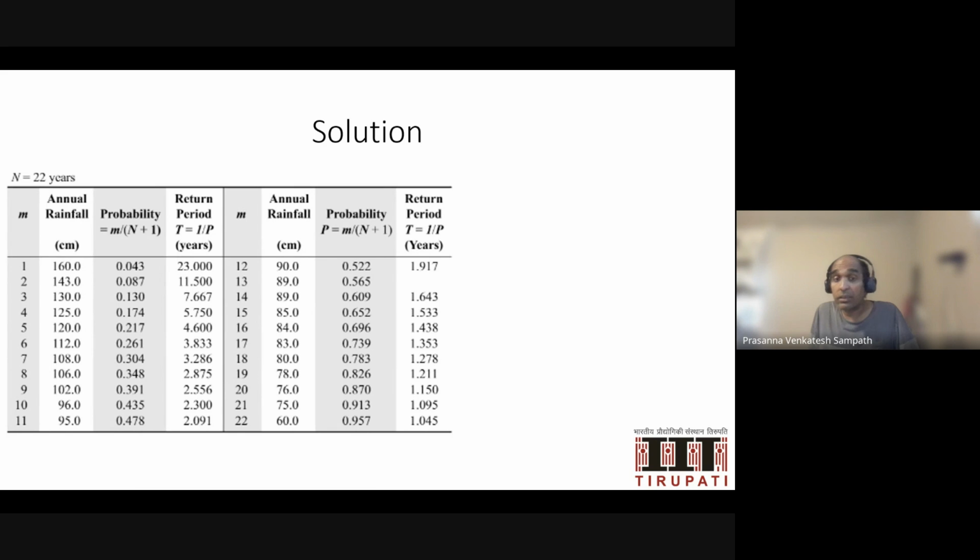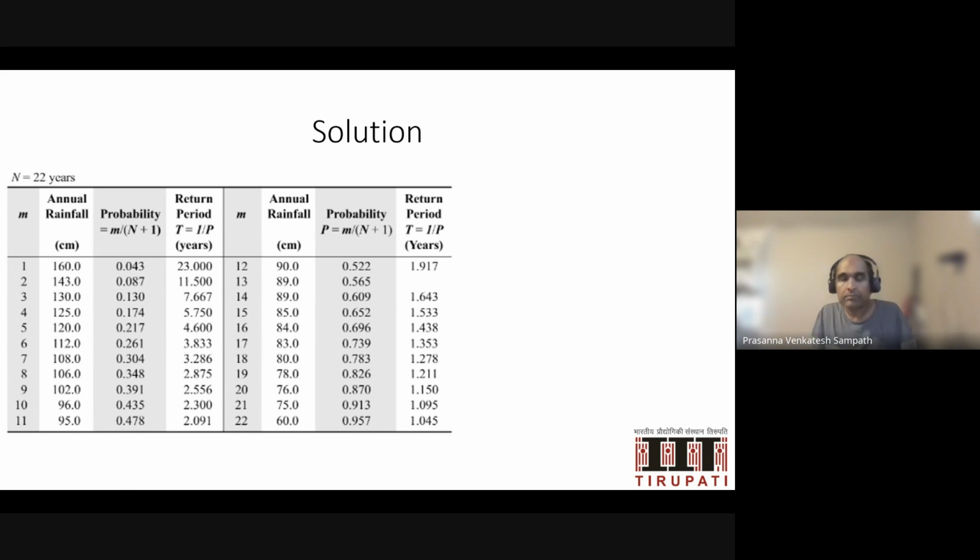If I had done m by n, I would have got 100%, or a probability of 1, and that's not theoretically correct, because there's a chance that I may get even less than 60 centimeters of rainfall. I may get 59 next year. So you can't say 100%. We don't have that kind of certainty. So that's why we divide by n plus 1.